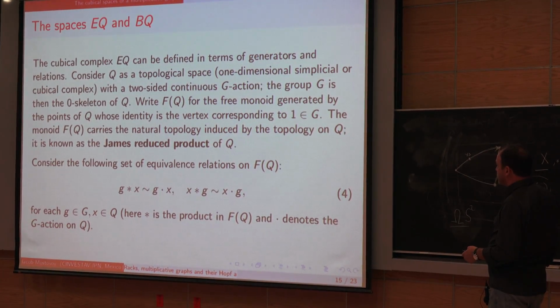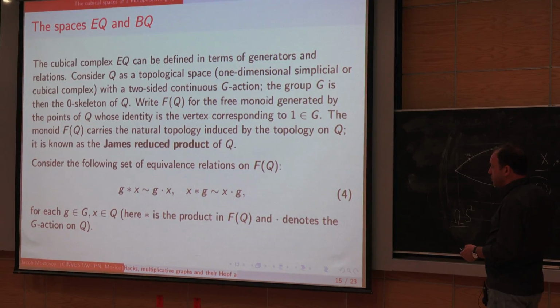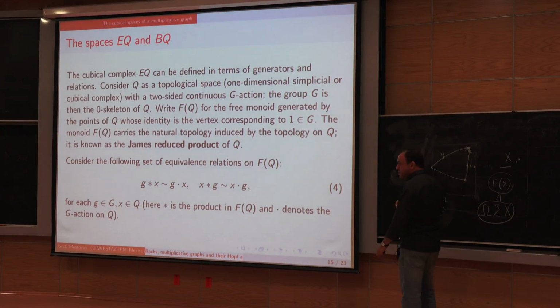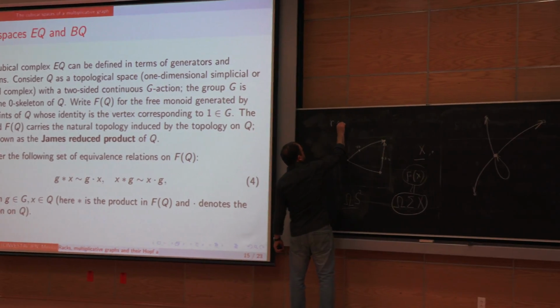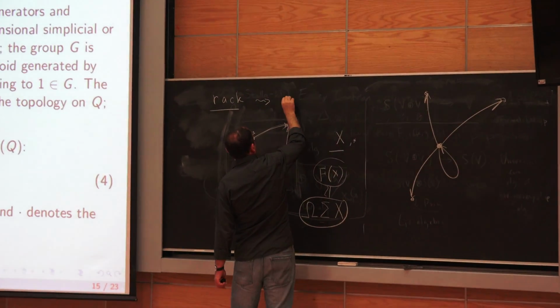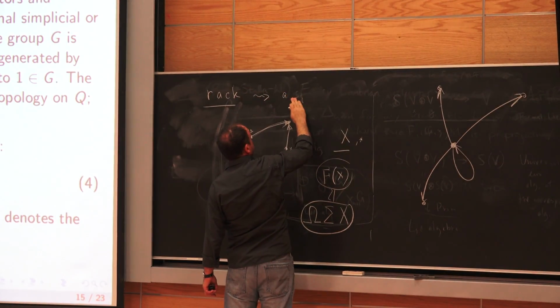For any multiplicative graph. So again, multiplicative graphs can be thought of as racks. So with each rack we associate a cubical space with a product.